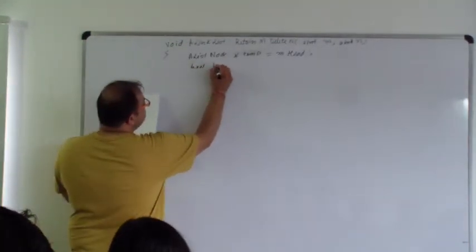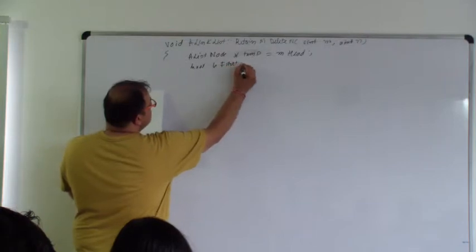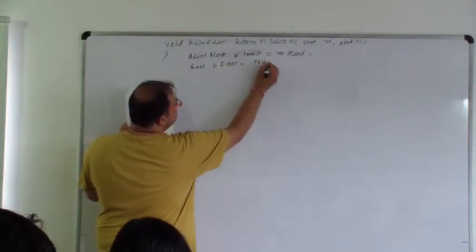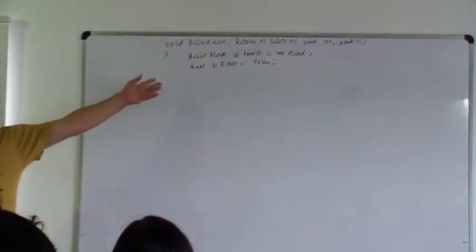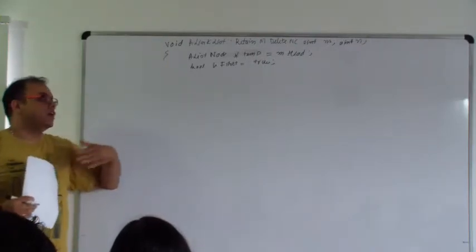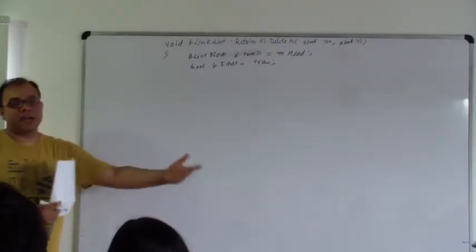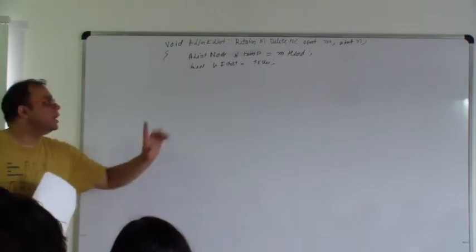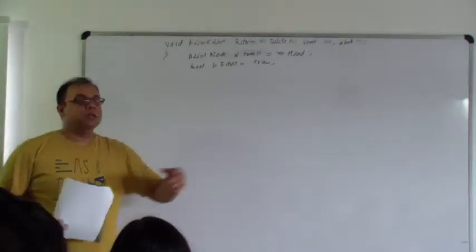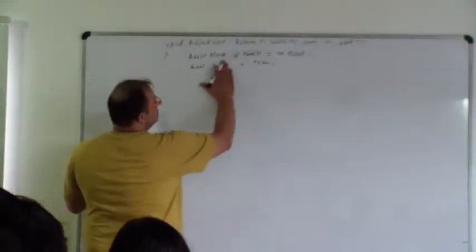Boolean b first is equal to true. I'm having a switch that says okay, I have to delete, I have to retain, and then I'll make this false. So I can either use b first or b switch or anything.